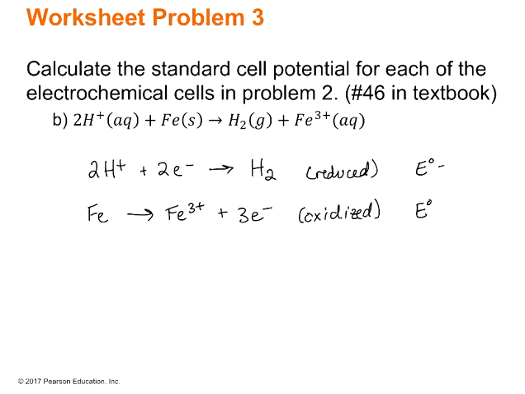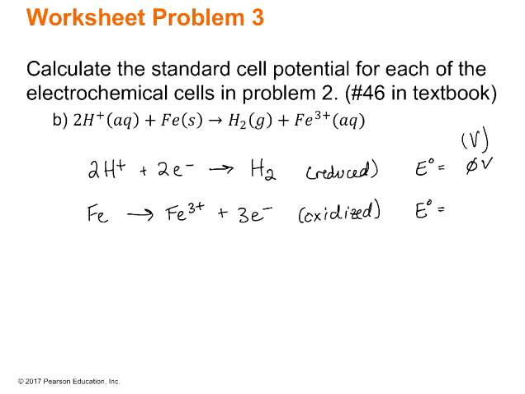Okay, so let's look up these potential values, and again, those are in units of volts. So for the hydrogen half reaction, remember that's our standard hydrogen electrode, so we set that equal to 0 volts. So super easy. And then for iron, this is a little tricky because remember, iron can become either a +2 ion or a +3 ion.